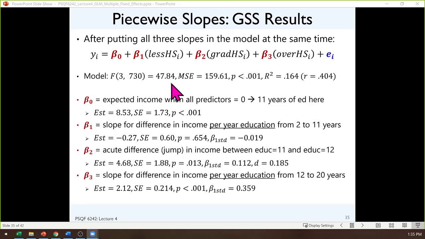The way that education matters according to our model is described by 3 different slopes: differences amongst people who didn't graduate high school, the effect of graduating high school, and the effect of post-high school education. So it took 3 slopes to describe education in its full form. But does education matter is captured by the 3 slopes. That's our test of the model.